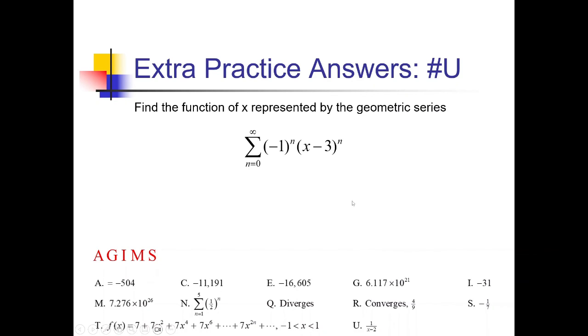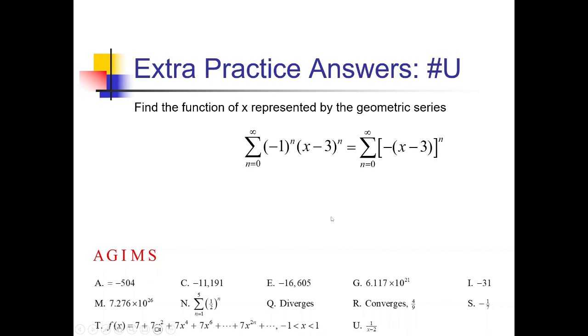For question U, they're asking me to write a function of x represented by this geometric series. So let me first clean this up a little bit and move all of this into one exponential term by writing negative parentheses x minus 3, all of that raised to the nth power. So what I'm going to do in general is rewrite this using the sum of an infinite geometric series formula.